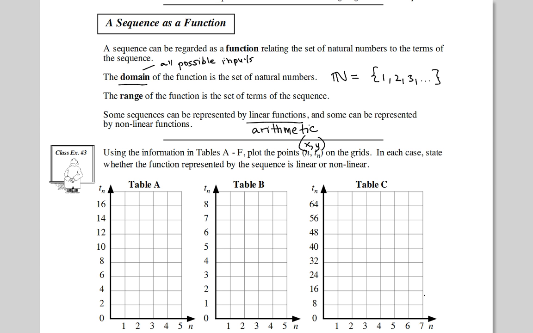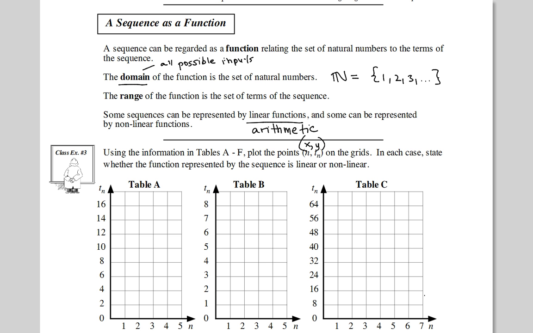So if you go over one term and it goes up 10, what are you doing every time? You're adding 10. Every term you add 10. So 10, 20, 30, 40, or whatever. So the slope is the number that you're adding to get the next one.